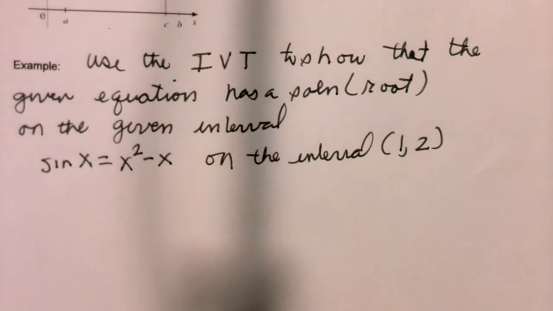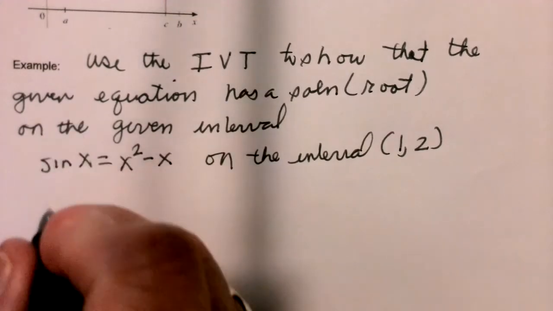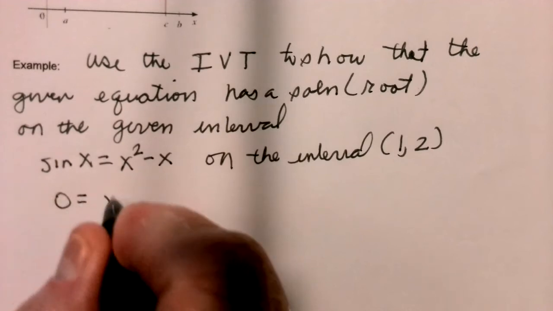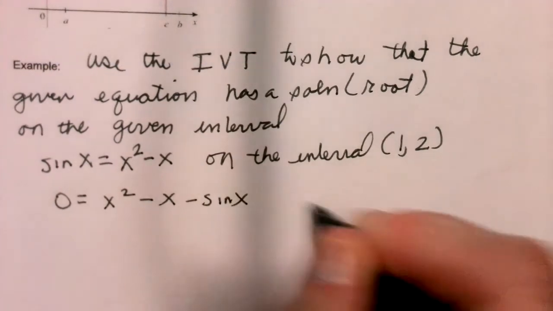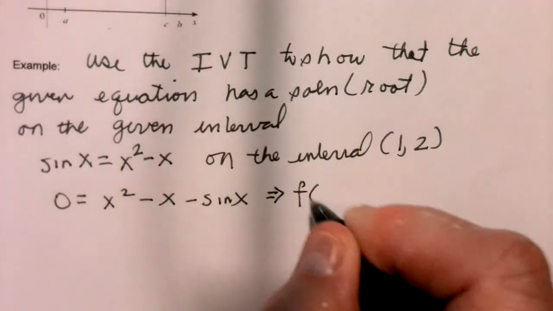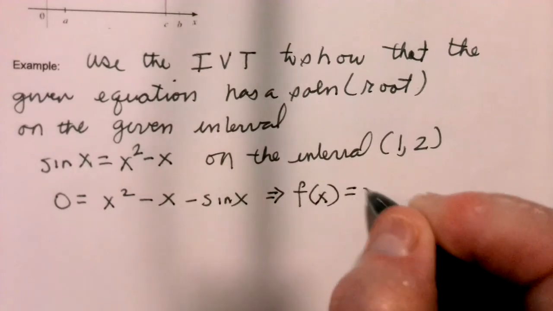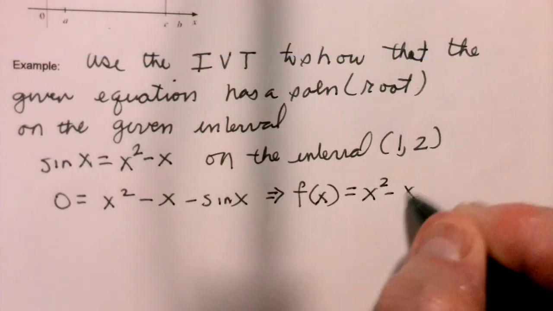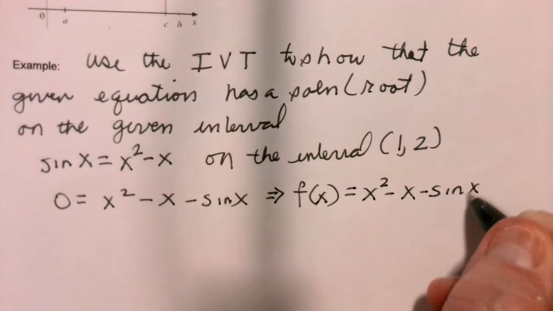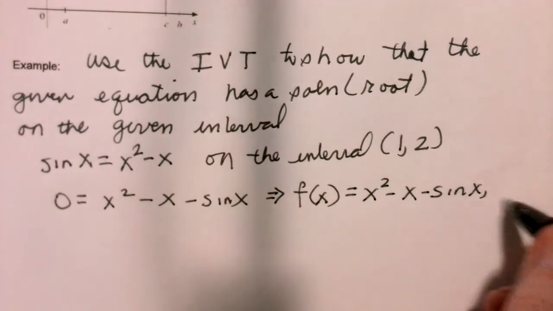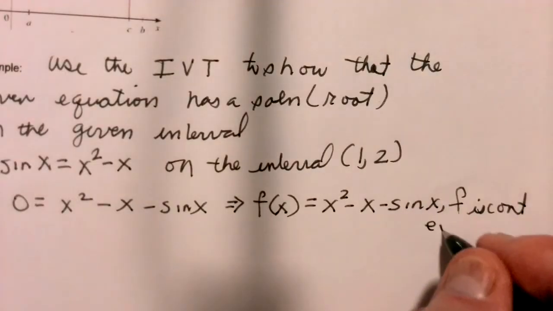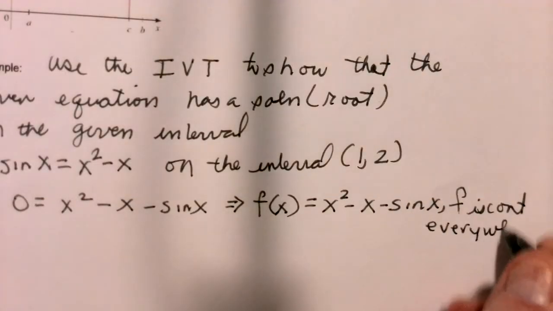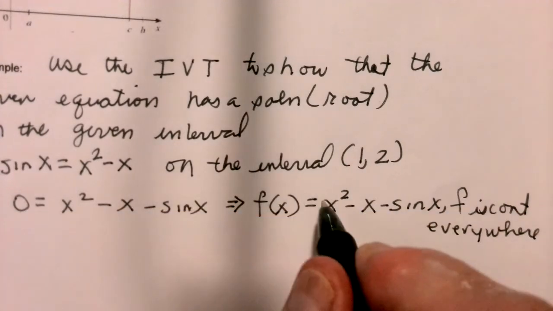Okay, so how do we do this? Well, let's get 0 on one side. And then let's call that f of x, so we can talk about this as a function. Okay, f is continuous everywhere, because it's made up of sums and differences of continuous functions.